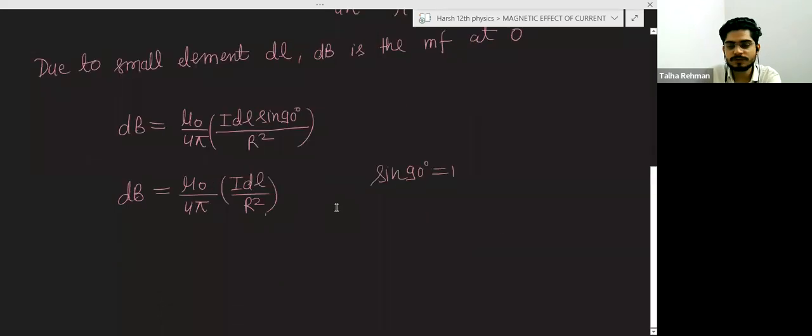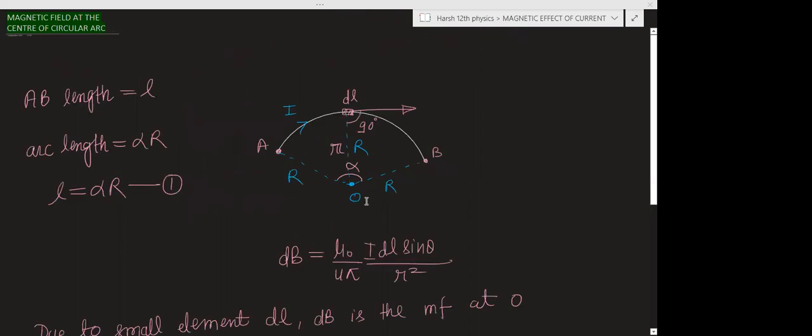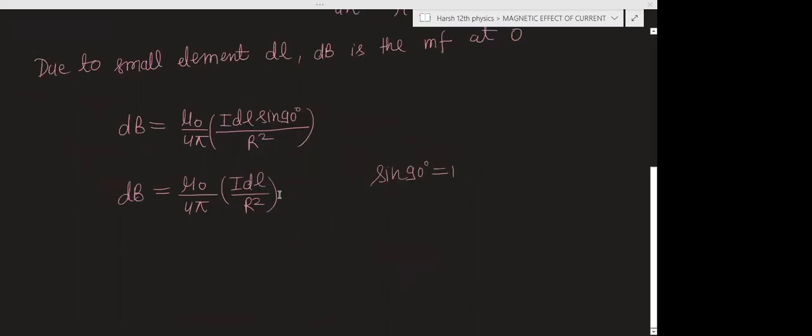Now, for calculating the total magnetic field at this point, we will integrate this expression.